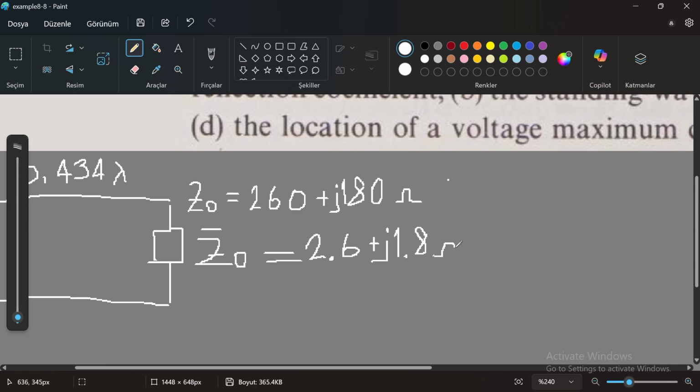So now we can find this point on the Smith chart.